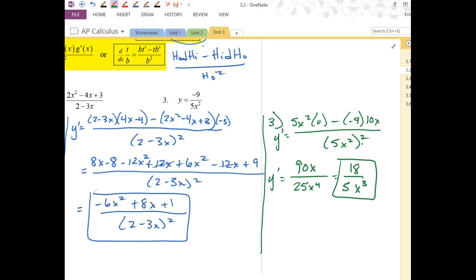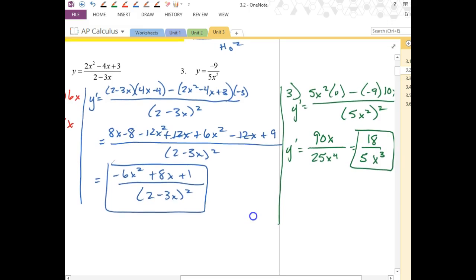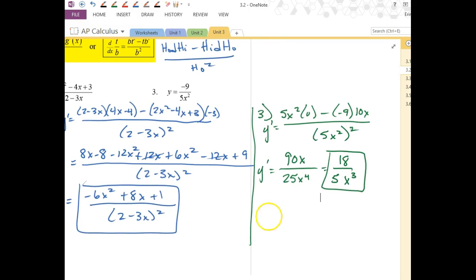Okay. I think it would be easier to do the other way if there wasn't the 5. Oh, you have a tendency. You did? Uh-oh. Okay, so if you did it the other way, your rewrite would have to be -9 fifths times x to the -2. Oh, so this is on the bottom?